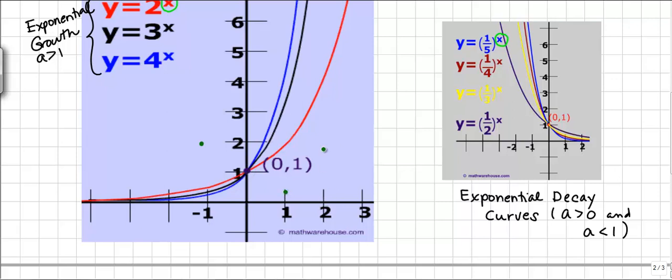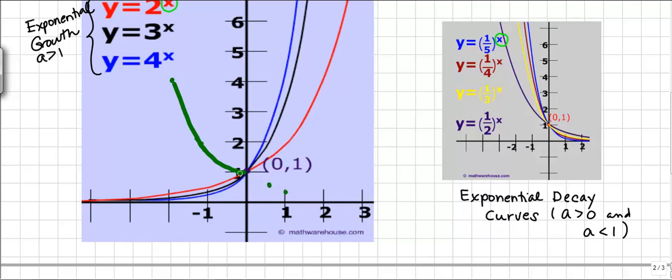This one went through (2, 4), so its companion would go through (-2, 4). And when I draw this, it's an exponential decay curve.